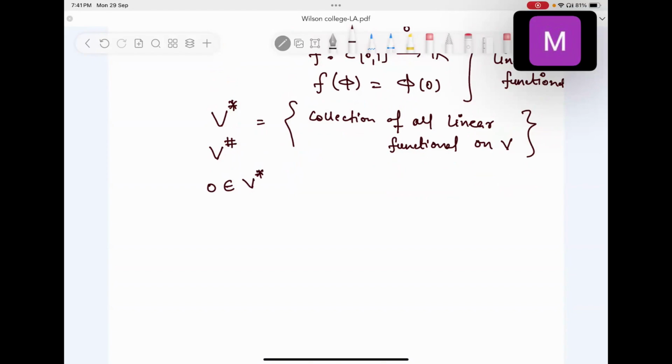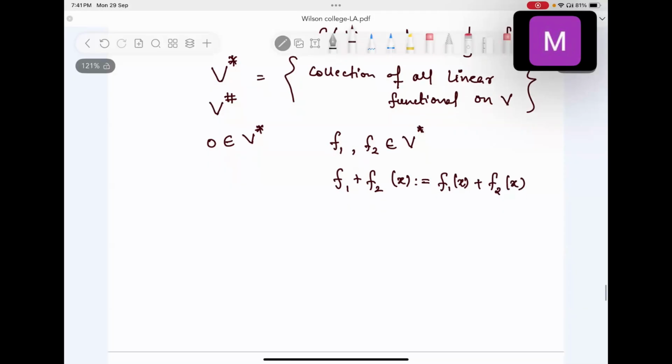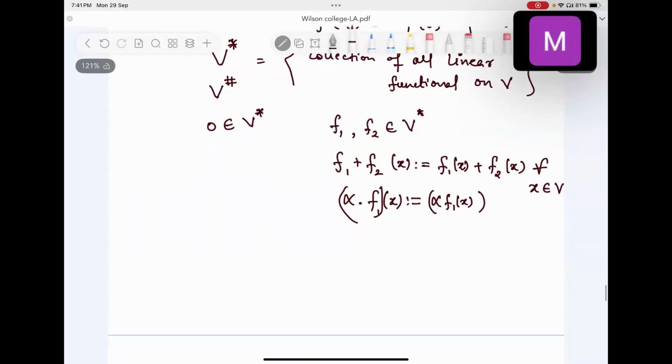Okay, now if you take any f1 and f2 belonging to V star, then you can define addition as: f1 plus f2 at point x is defined as f1 of x plus f2 of x, for all x belonging to V. Similarly, you can define alpha dot f1 of x as alpha times f1 of x, for every scalar.